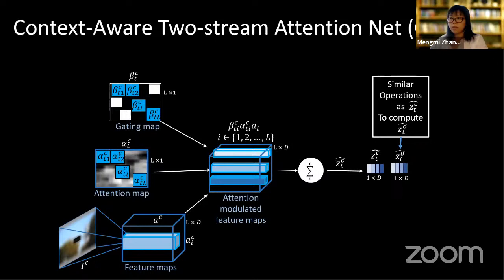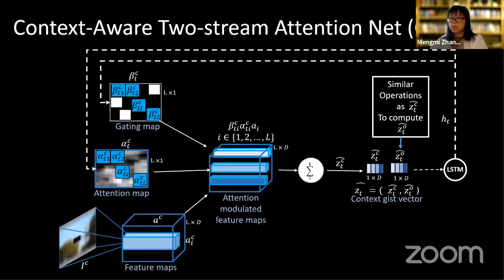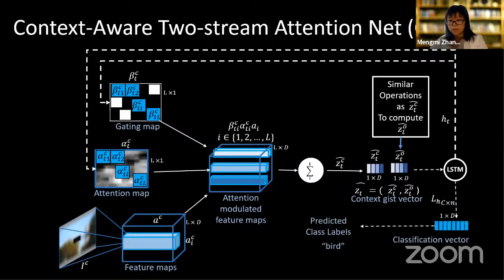Therefore, we then concatenate both vectors and use that as the input to the LSTM. The LSTM module then integrates the information with the previous step to inform the attention module to shift its attention in the next time step via the hidden state. And it also outputs the predicted class label as shown here.